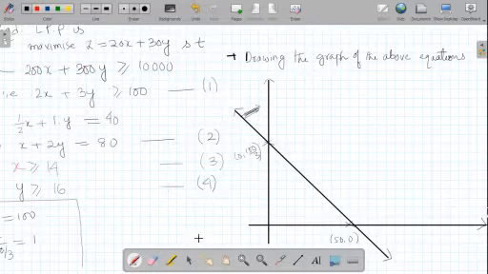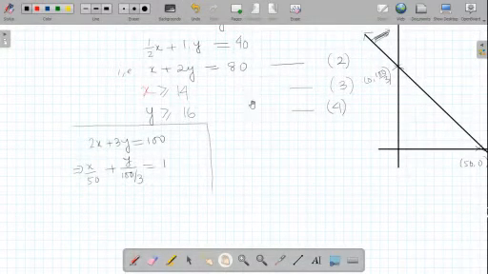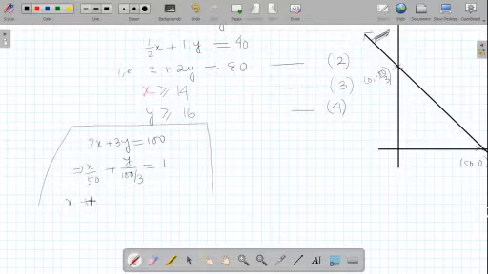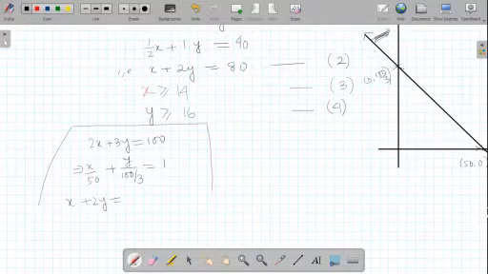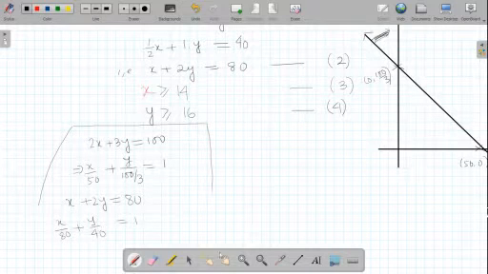Now after that, the second equation, x plus 2y equals to 80. It's very much simple. Divide by 80 so that the constant term becomes 1. So x by 80, y by 40.